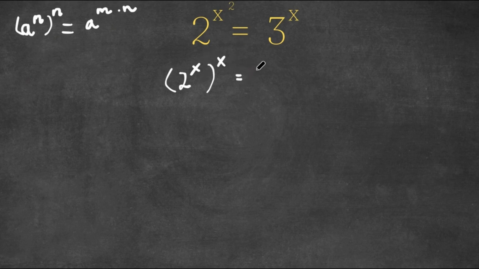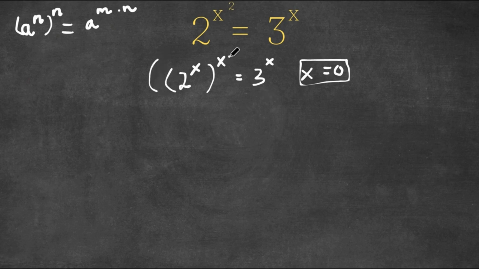Now this is equal to 3 to the power of x. And as you may have noticed, an immediate solution is x equals 0, because if we plug in 0 for x, both of these terms would equal 1, because anything to the power of 0 is 1. However, that is not the only solution.